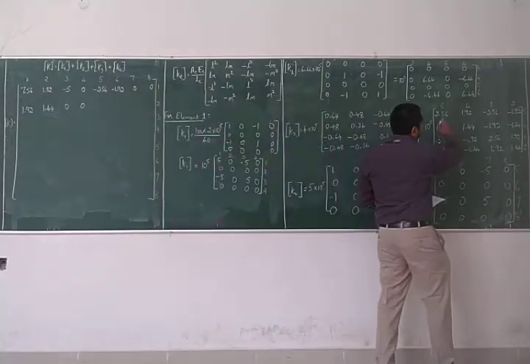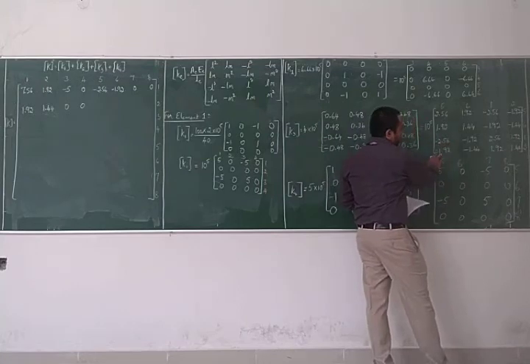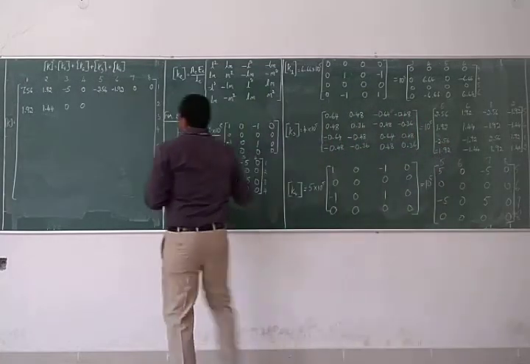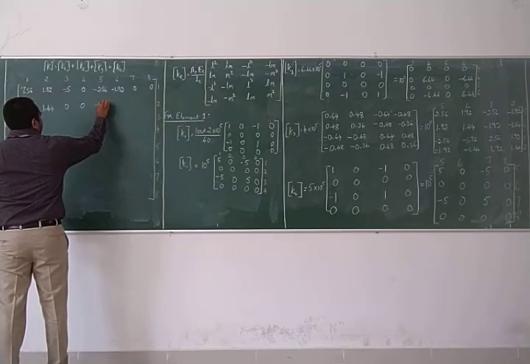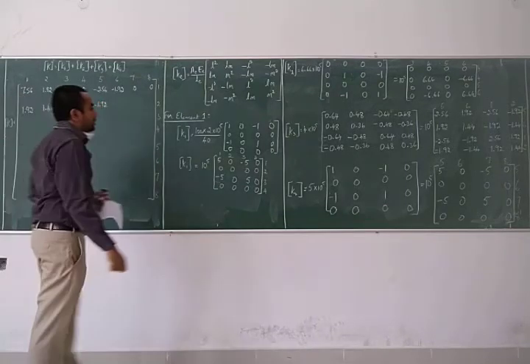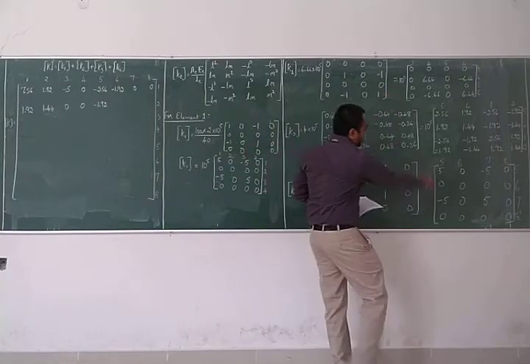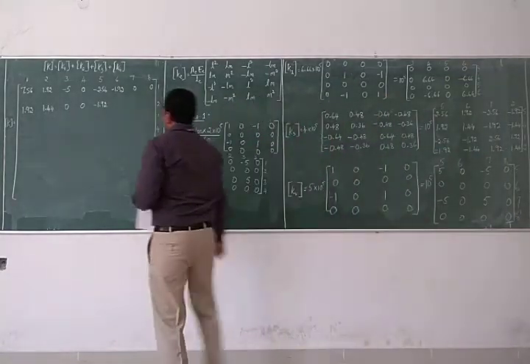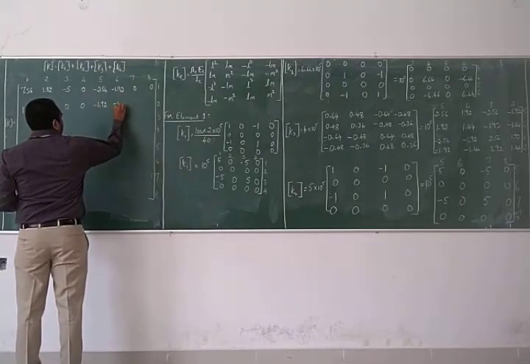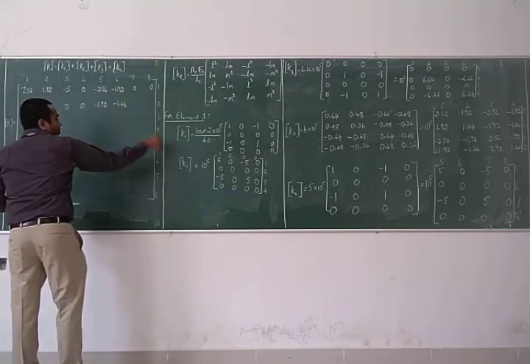We have a value here. Fifth column, second row, it is minus 1.92. So the same value will be written, minus 1.92. Similarly, sixth column, second row, minus 1.44. There is no other term.